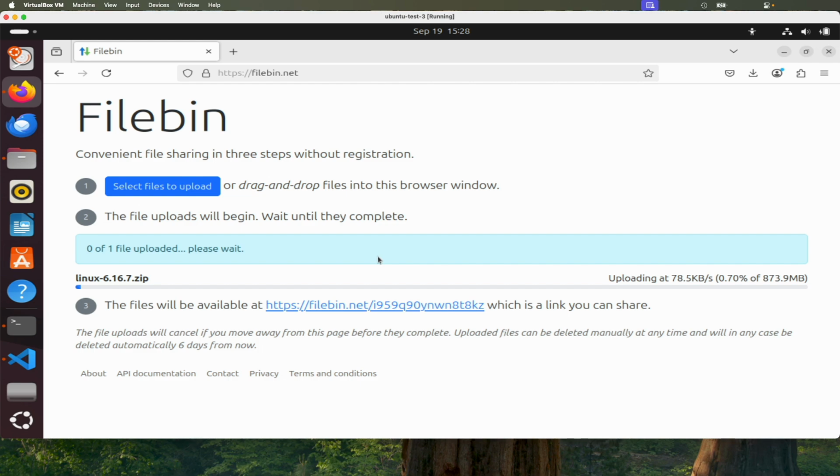About 80 kilobytes per second. Going down, 60 kilobytes per second, 65, and less than 1% has been uploaded. Started to increase.